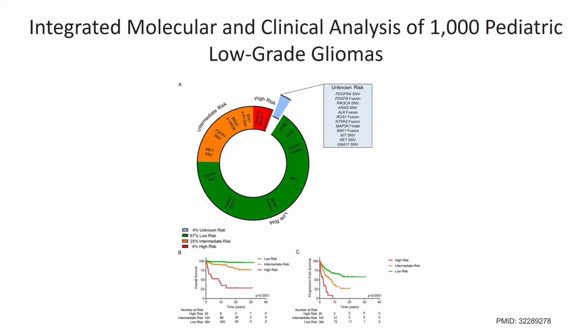So of course, this evolution into these integrated diagnoses has really resulted from a lot of large scale studies of pediatric tumors that, before, we just didn't have the data, and now we do. And it's now well recognized that different genetic alterations can be characterized as low risk, intermediate risk, and high risk.